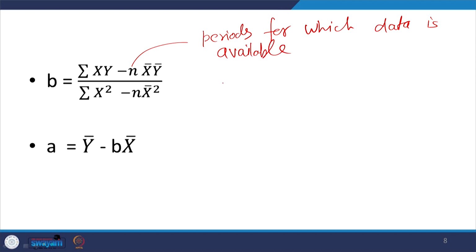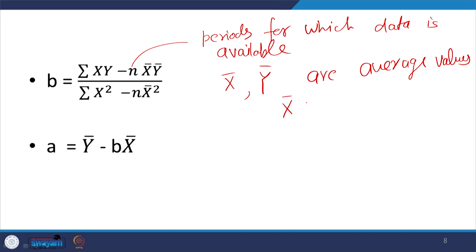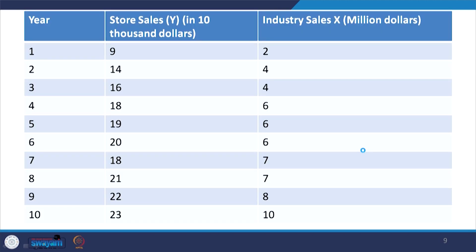As I told you, these bar values are average values. So, x bar is determined as sigma x upon n, and y bar is determined as sigma y upon n. On the basis of these values, we will calculate the values of b and a.